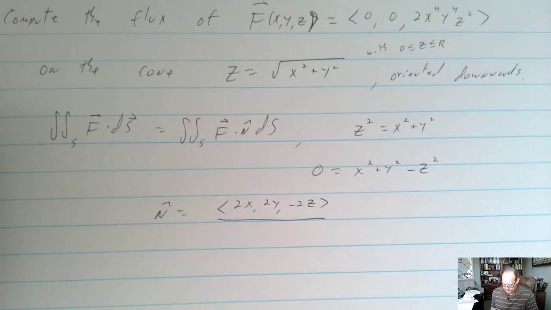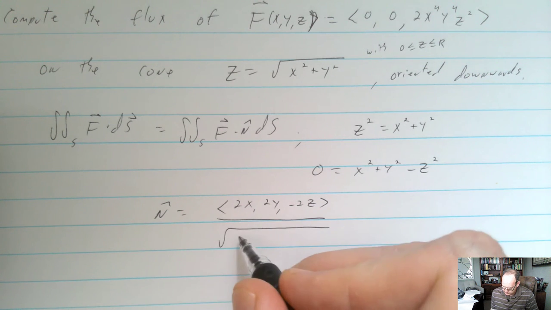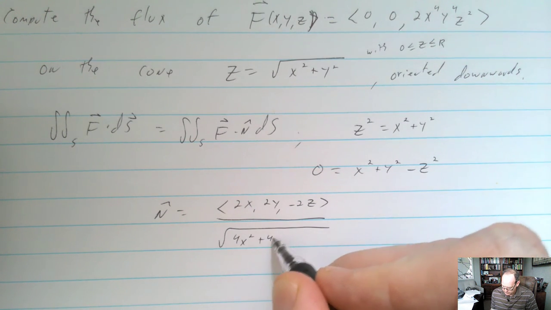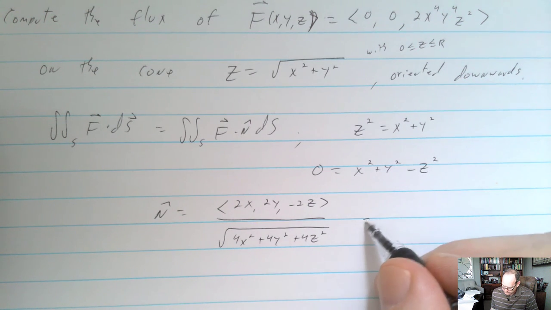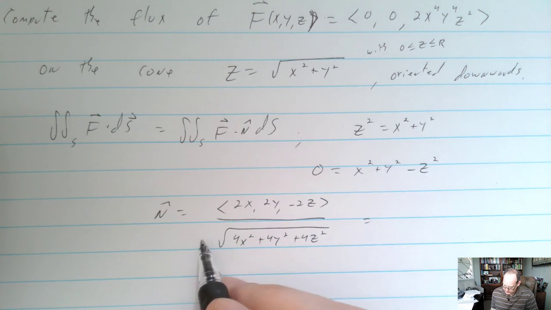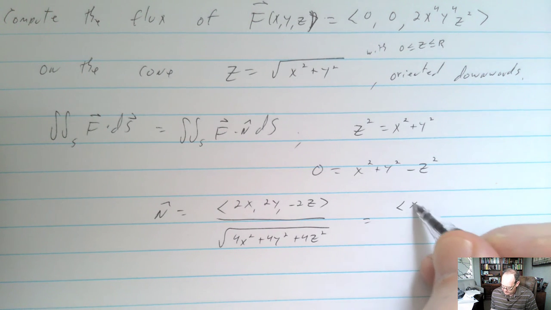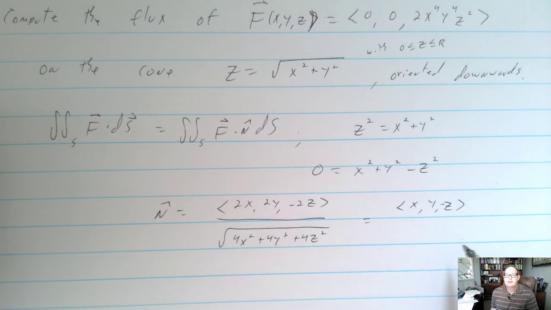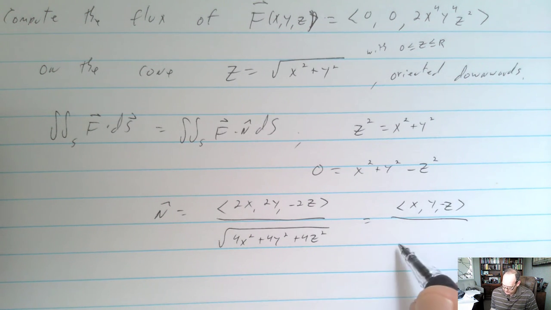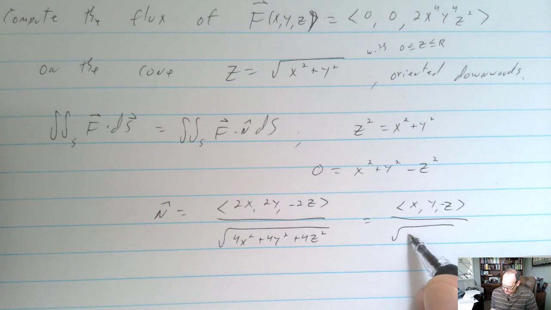Make it into a unit vector: square root of 4x squared plus 4y squared plus 4z squared. And pull a 4, square root it out, and that'll just give me x, y, negative z, oops, all over the square root of x squared plus y squared plus z squared.